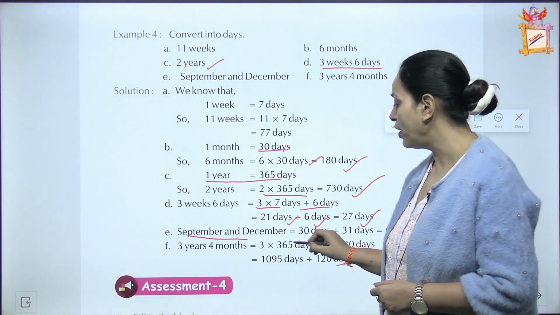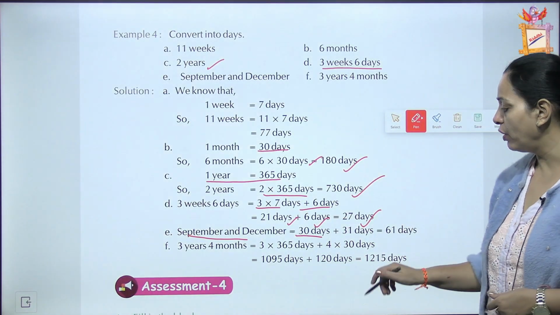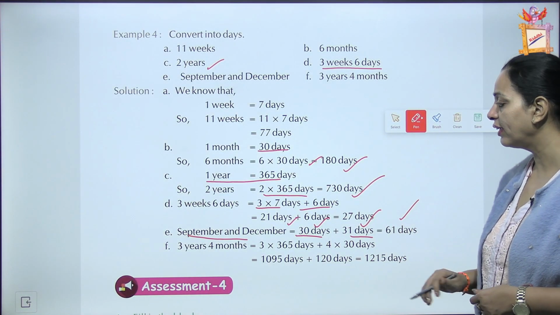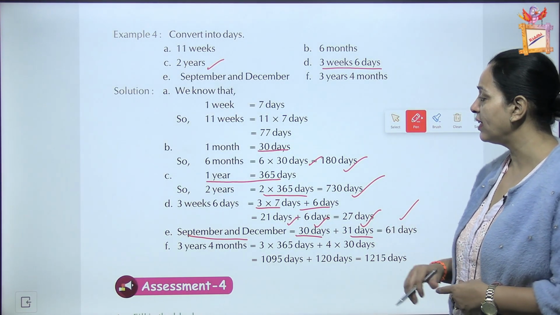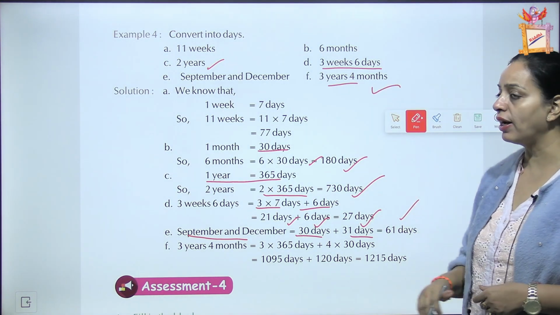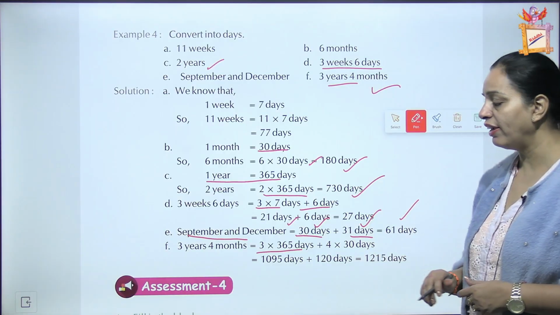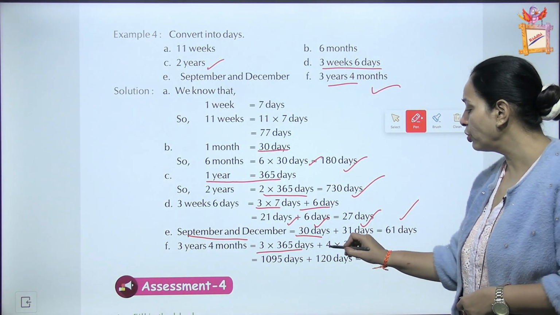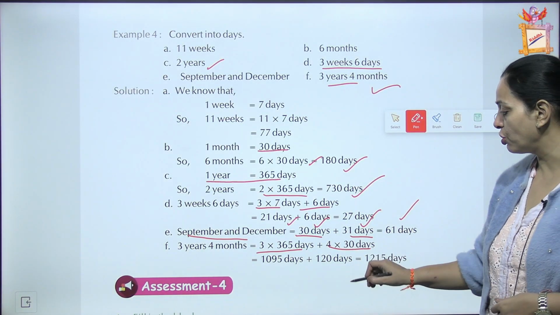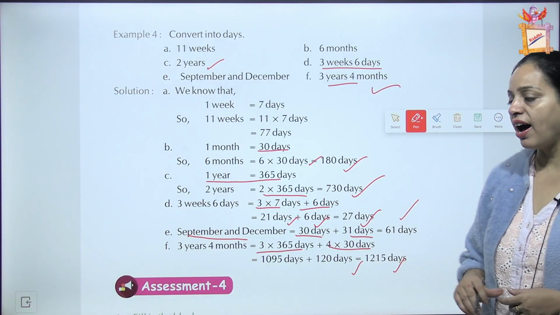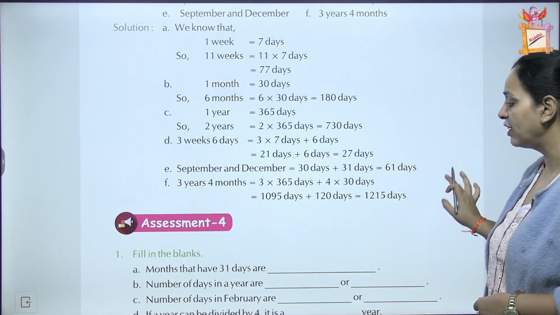In September we have 30, in December we have 31. दोनों को add कर देंगे 61 days. 3 years, 4 months. 3 years means 3 into 365 days plus 4 into 30 days. Calculation करेंगे. This is the answer. I hope this is clear to you.